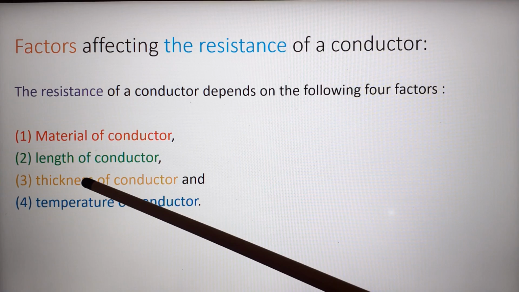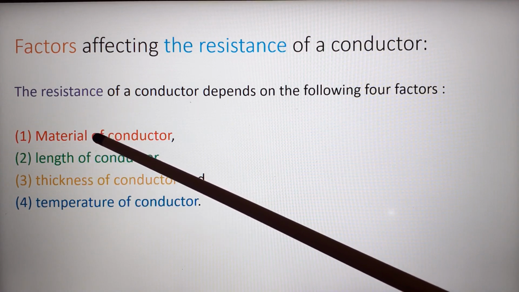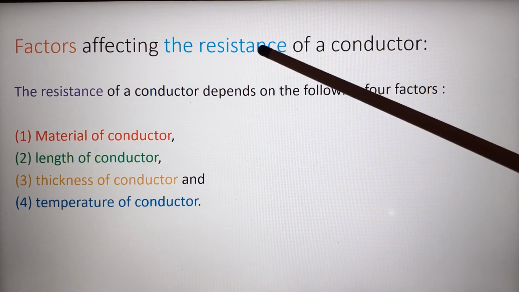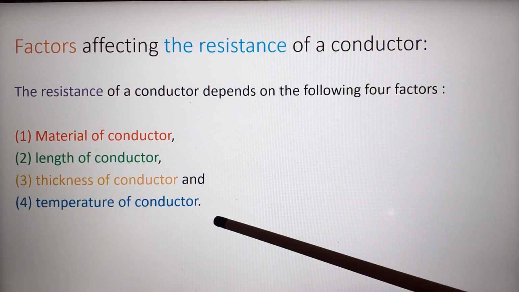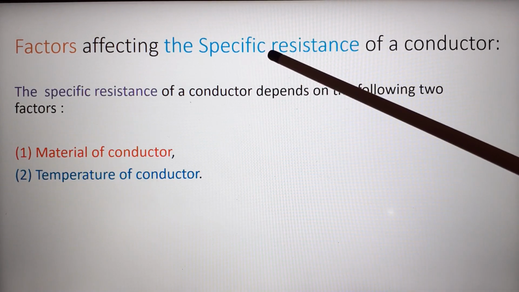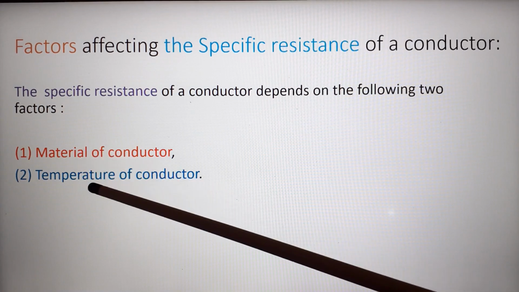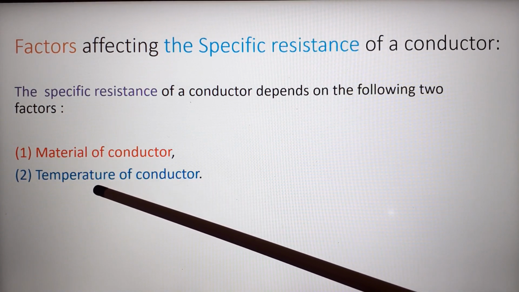Which 2 factors are left for specific resistance? Material and temperature. So for resistance there are 4 factors, and for specific resistance only 2 factors, material and temperature, are affecting. Length and area of cross section we have set as unit.